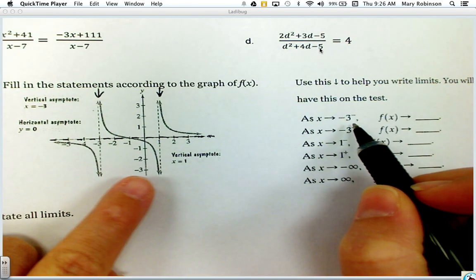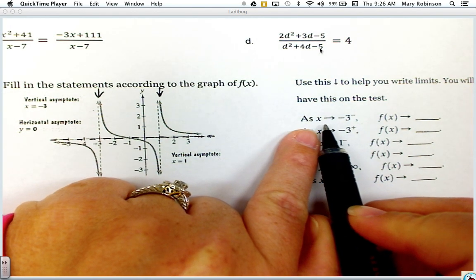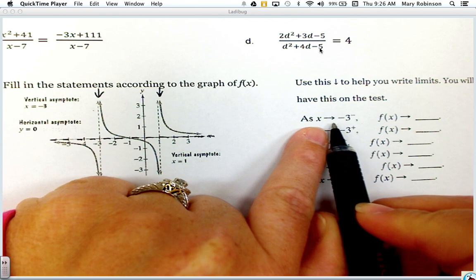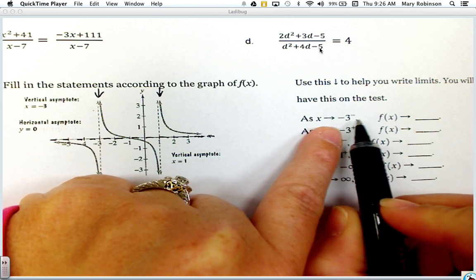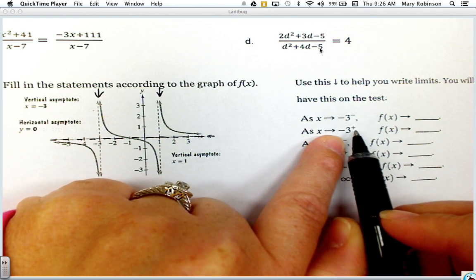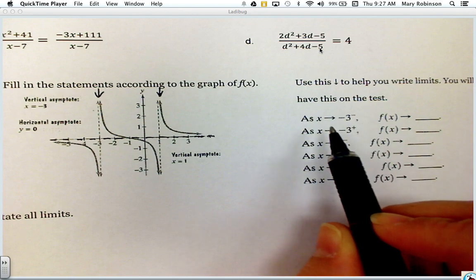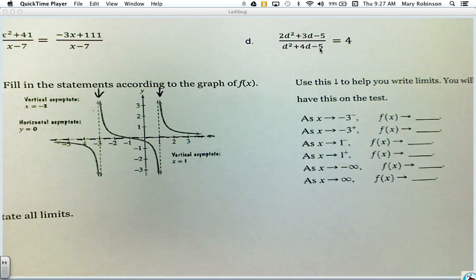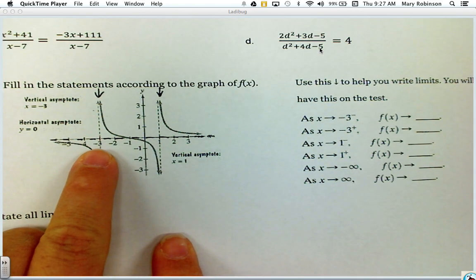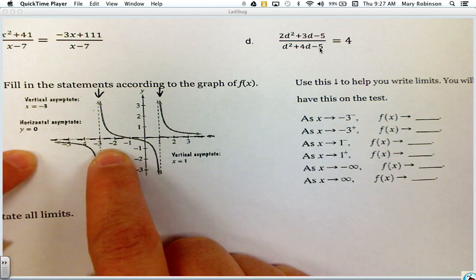So what this means is we have to think, what is the function doing as x is approaching -3 from the left? So that little negative means from the left, whereas here, this -3 plus up here means from the right. So as x approaches -3, on our graph, where is -3? It's right here. So as we're approaching -3 on the left side of -3, the left side is over here.